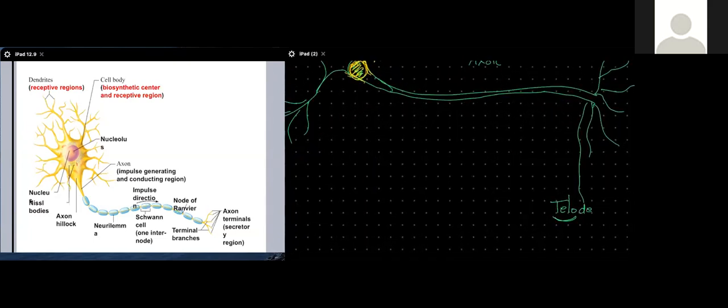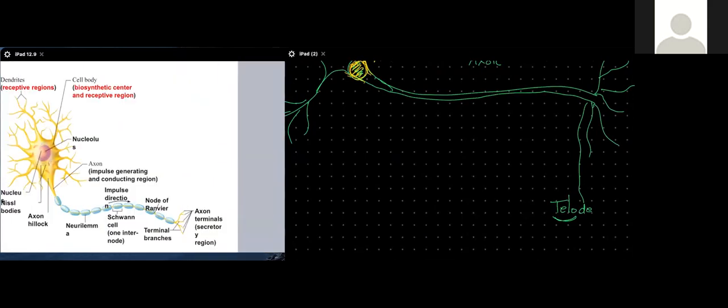So the tail processes, which are the processes coming from the terminal end of my axon, we call those my telodendria, or the terminal end.